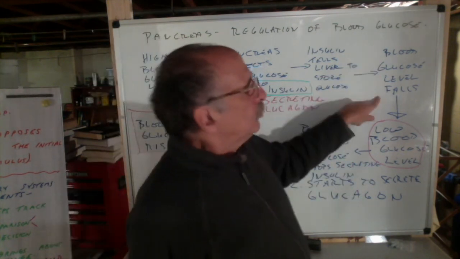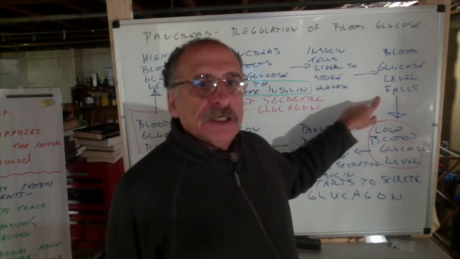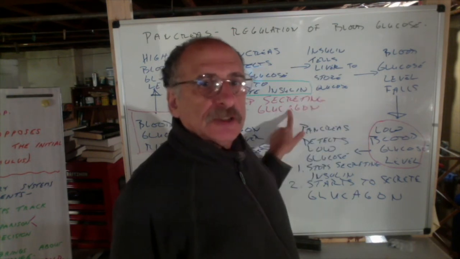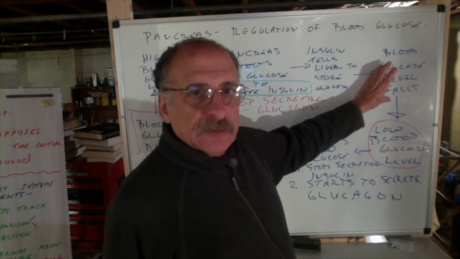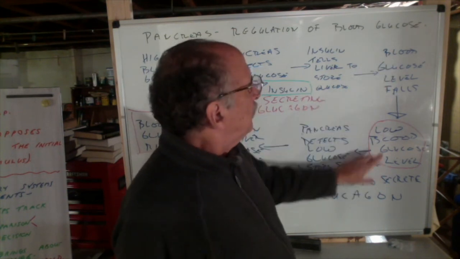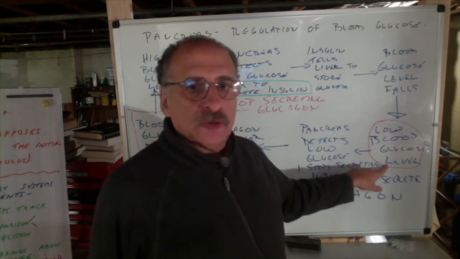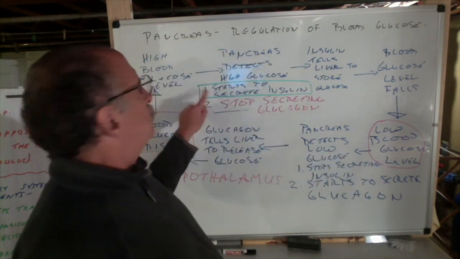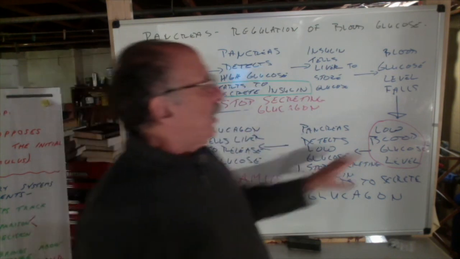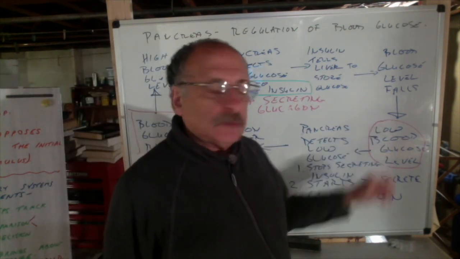Then the blood glucose level falling is also a response to the secretion of insulin, but it's not in the terms of insulin secretion. The blood glucose level is now too low, another response to the secretion of insulin, but again, not in the same terms.